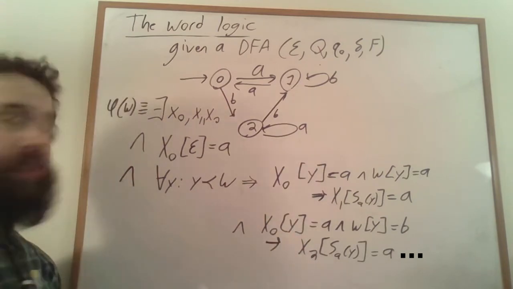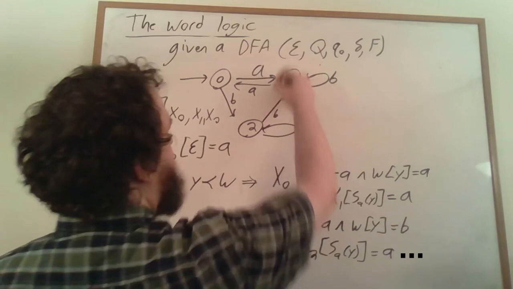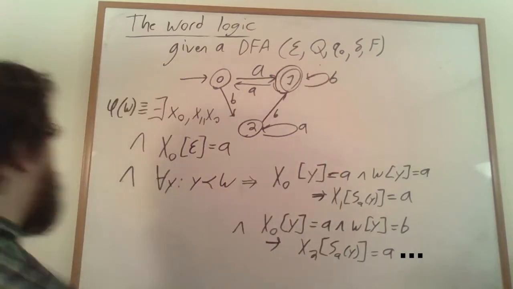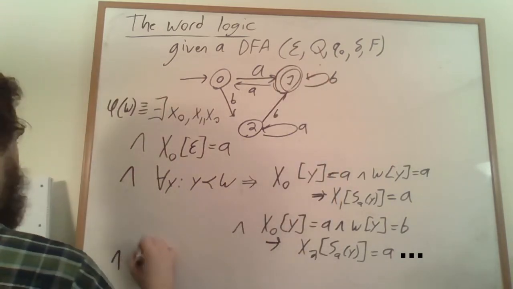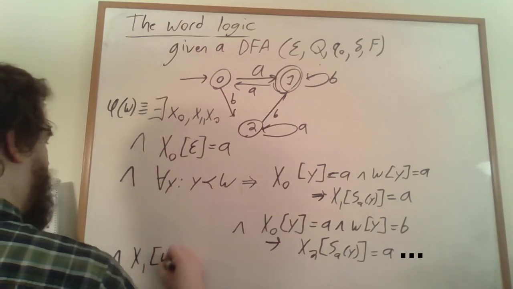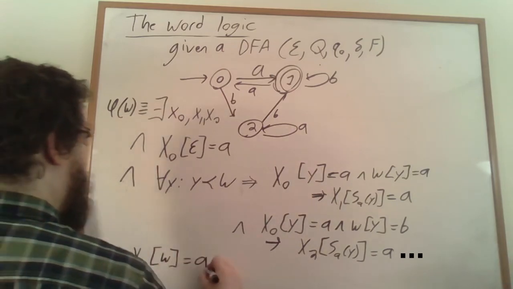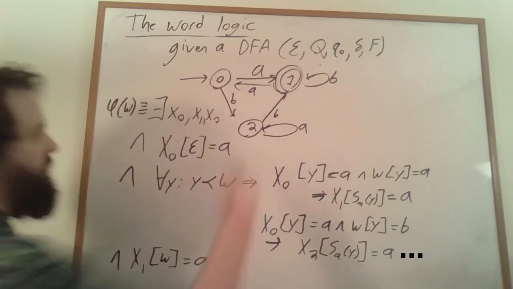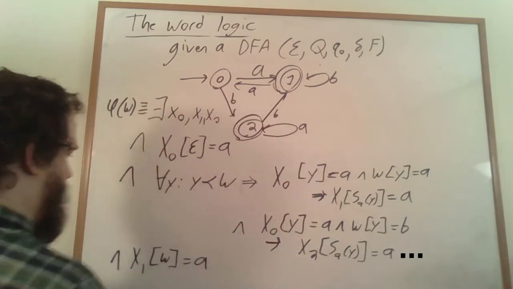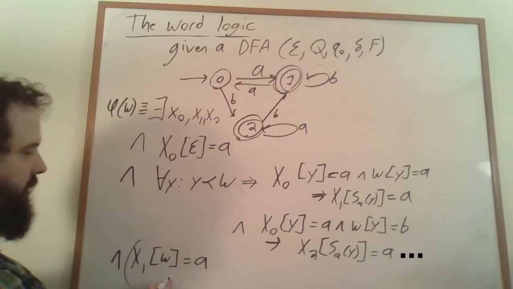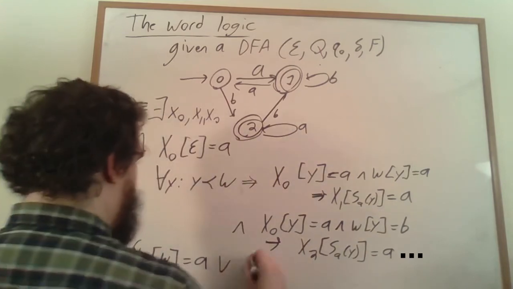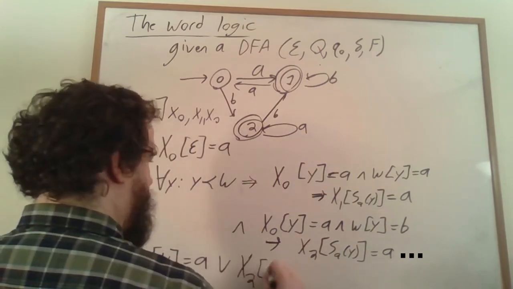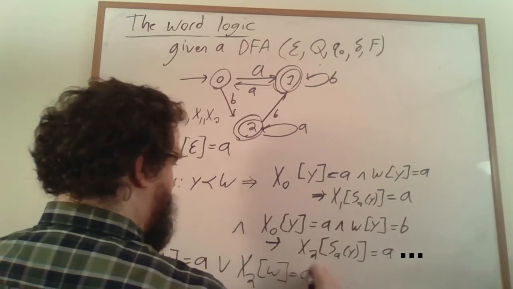And then finally, oh, I forgot to include final state. Let's say that 1 is a final state. And then finally, x1 of w is equal to a. And if there were multiple final states, let's make 2 be a final state as well. Then we want to say that x1 of w is equal to a, or x2 of w is equal to a.